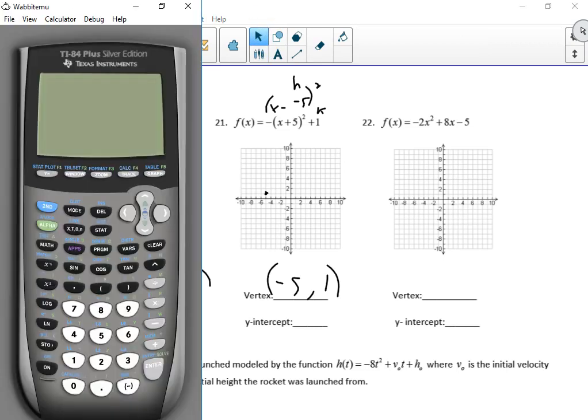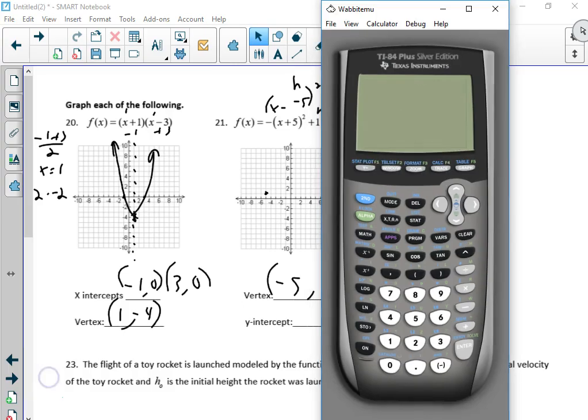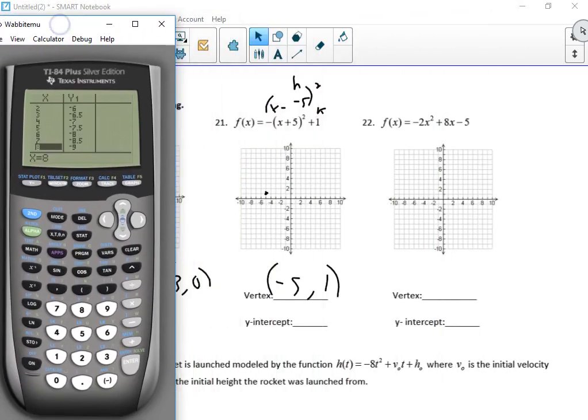Save yourself time. Go to your calculator. Y equals negative, parentheses, x plus 5, parentheses, squared, plus 1.